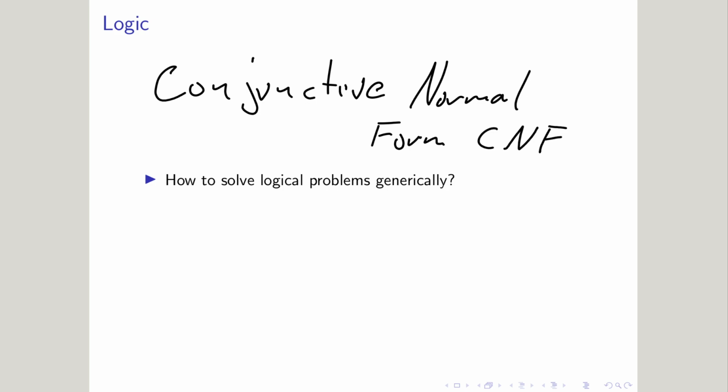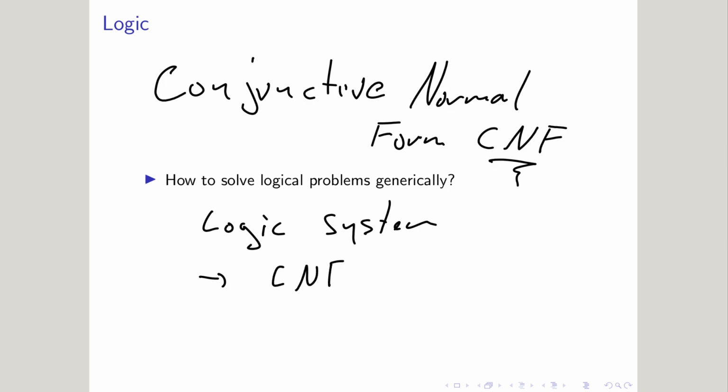This is a way to reduce things like propositional logic, a logical formalism, and other things like first order logic, other logical formalisms, into the same representation. So we'll have what we can call a logical system. We're going to turn it into CNF, and then we're going to solve it with a SAT solver.